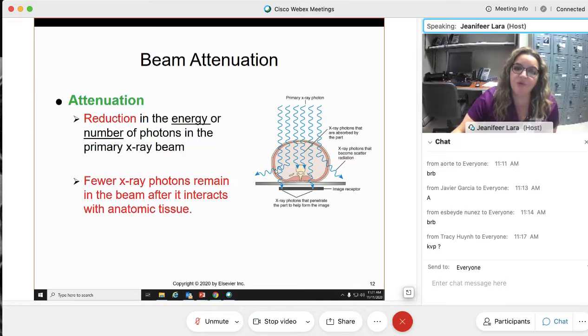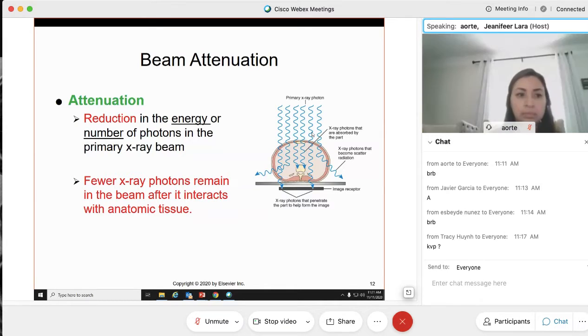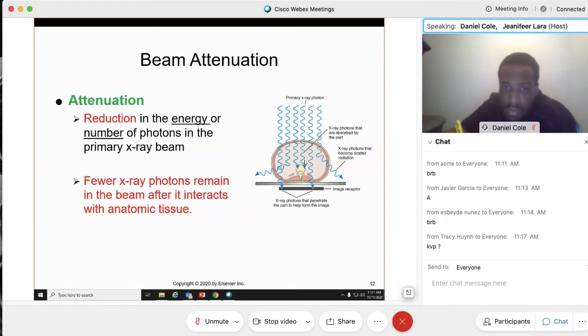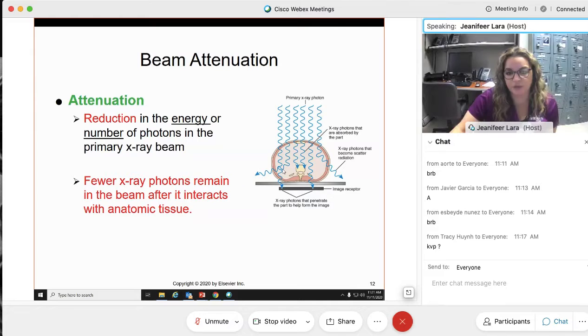Photoelectric. And then we had 2 that were deflected or angled or scattered under what type of interaction? Compton. So was this beam attenuated, by definition? Yes, it is, because we lost a few through absorption and we lost a few through Compton, photoelectric and Compton.